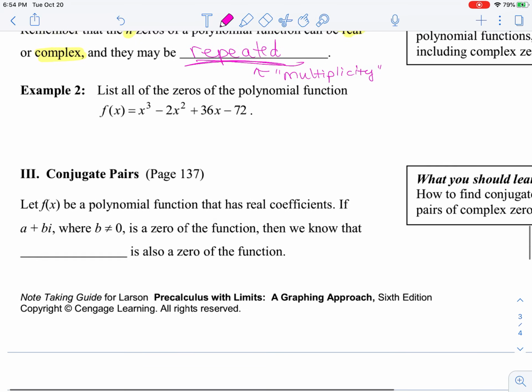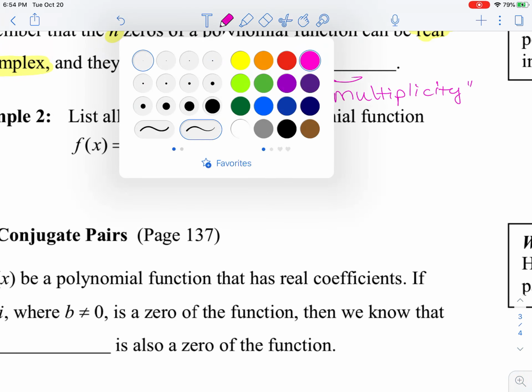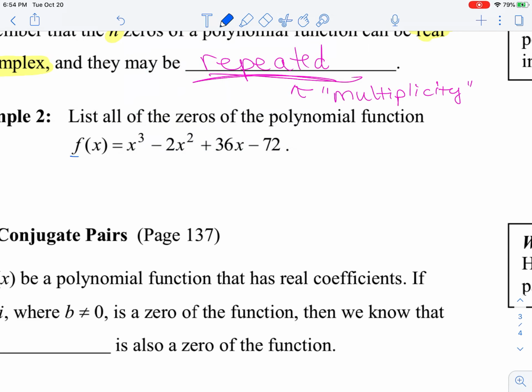Okay, so for example number 2, we're going to list all of the zeros of the polynomial function f of x equals x cubed minus 2x squared plus 36x minus 72. So remember when we looked at this where we said this last term is our p value, this first term is our q value, and we're going to list all of our possible values, possible roots.